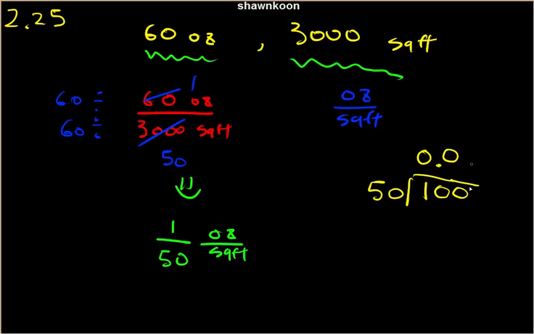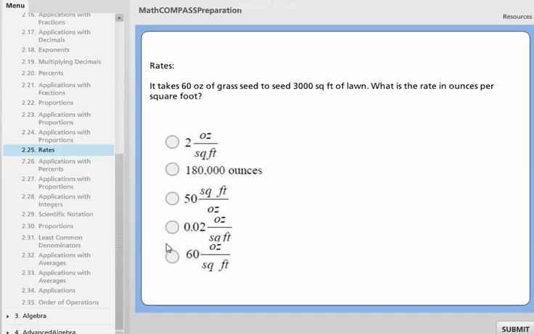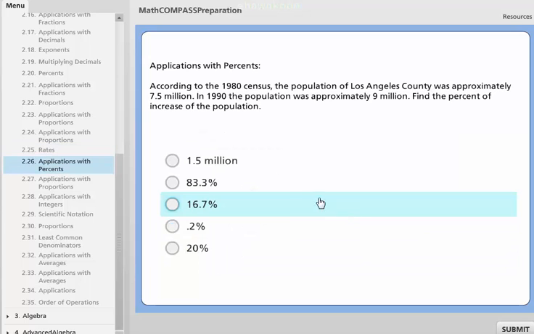So now 50 can go in and it goes in twice. So we can just rewrite this as what? 0.02 ounce per square feet. Perfect. And there we go. We got the right answer.